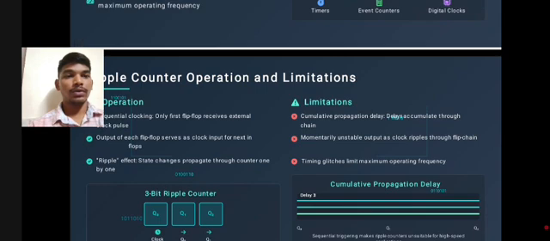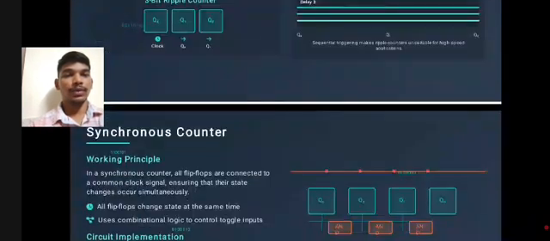Limitations: cumulative propagation delay accumulates through the chain. Momentarily unstable output as the clock ripples through the flip-flop chain. Timing glitches limit maximum operating frequency.